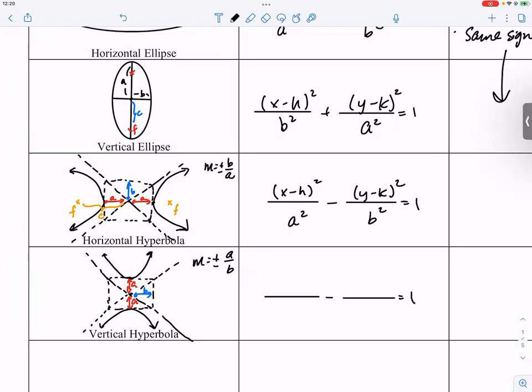And then what should be changed for the vertical hyperbola? The numerator has to be changed because it's vertical, so the y goes up front, the x goes second. A and B, they stay.